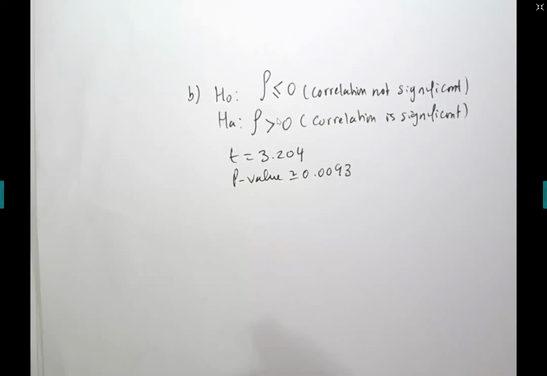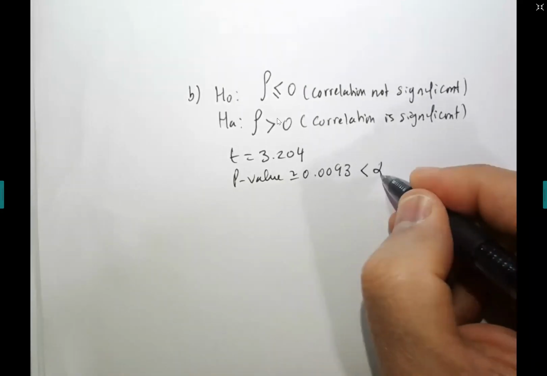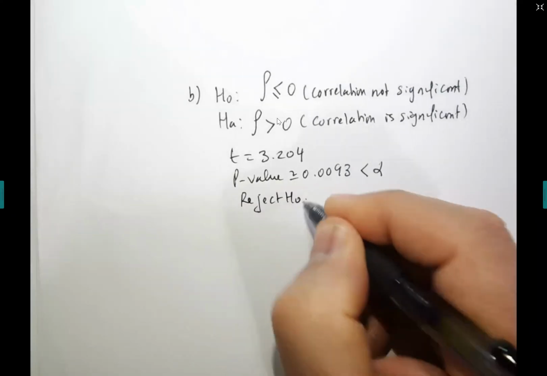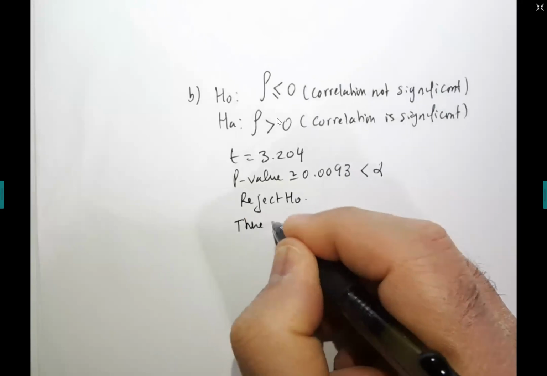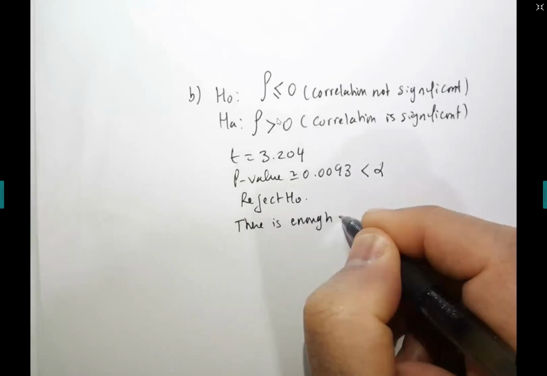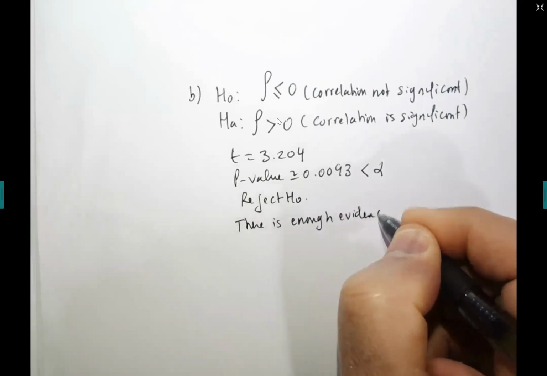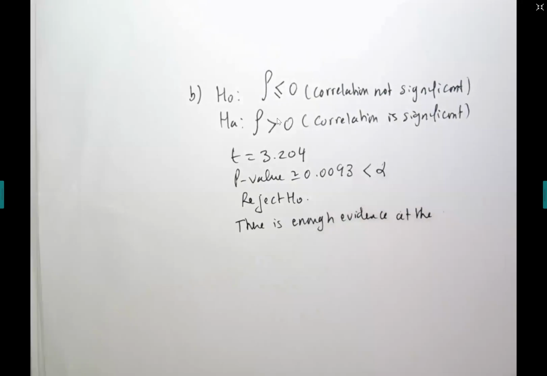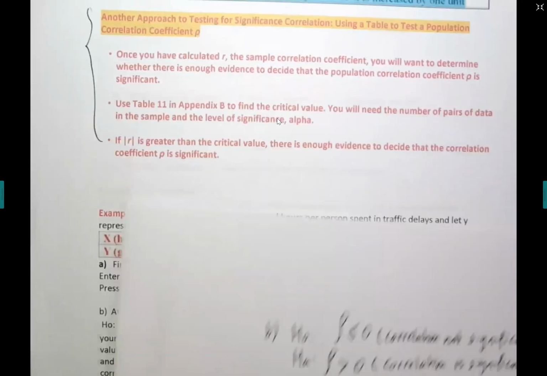Okay, well, the p-value is less than alpha. We reject the null hypothesis. And we conclude there is enough evidence, at the, what was alpha in this question?